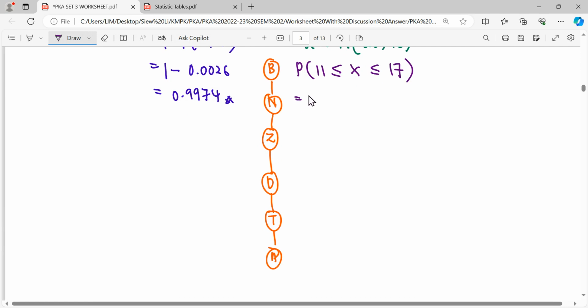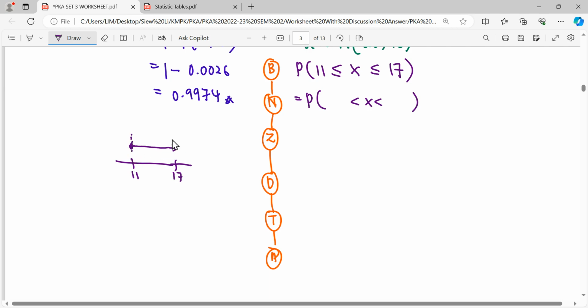So when binomial changes to normal, we need to do continuity correction, whether you need to add 0.5 or subtract 0.5. As you notice here, you are taking 11 until 17, included. This region is included.